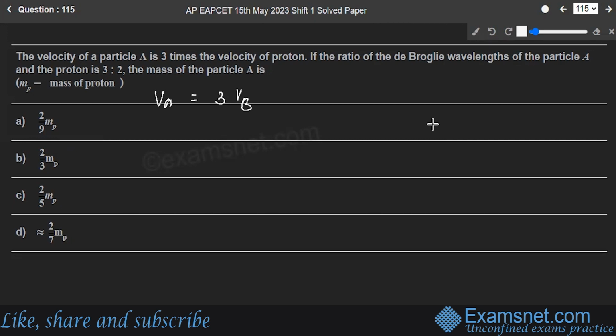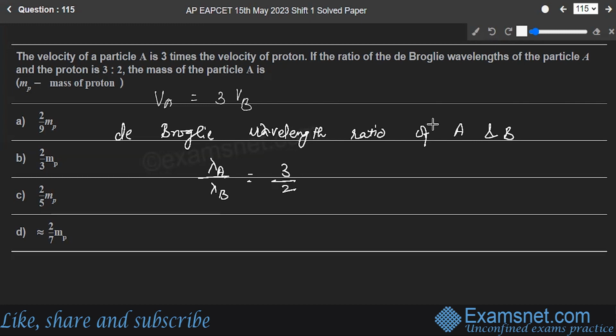Okay, now de Broglie's wavelength ratio of particle A and B is given by lambda A upon lambda B is equal to 3 by 2.